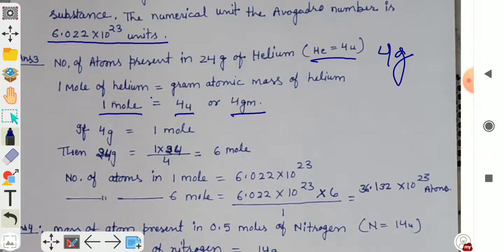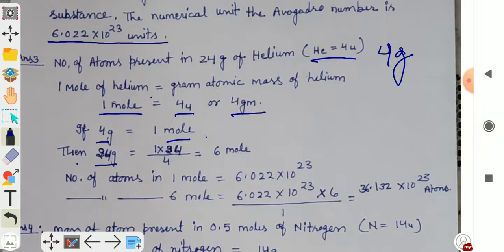If 4 gram equal to 1 mole helium, then 24 gram equal to how many mole? So in this case, if 4 gram equal to 1 mole, then 24 gram equal to how many mole?